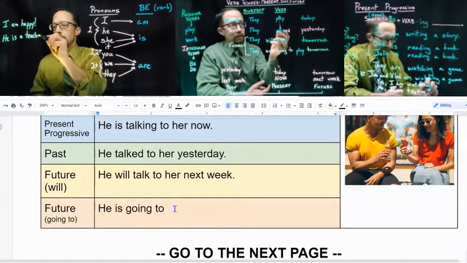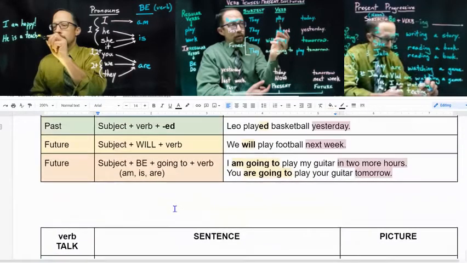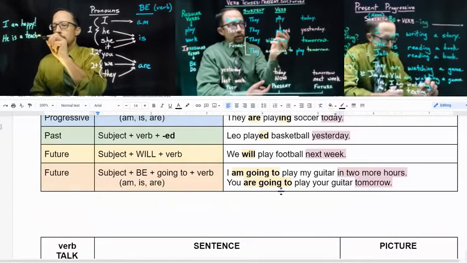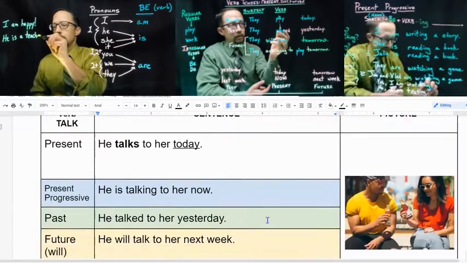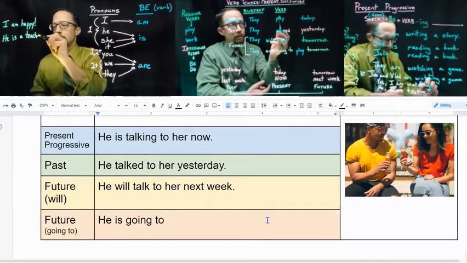He is going to, and then we need the verb. Just like here, you are going to. He is going to talk to her, let's say tomorrow. Okay? He is going to talk to her tomorrow.